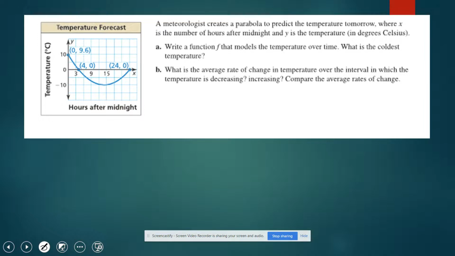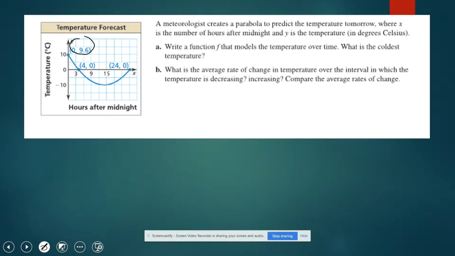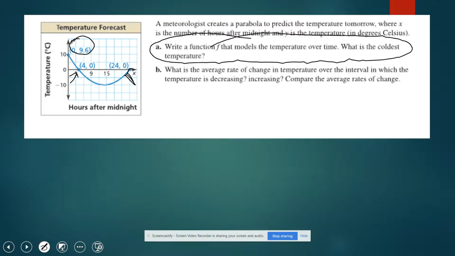Our next graph gives us an ordered pair here, and then these are crossing the x-axis. So that means they gave us x-intercepts. And we're only going to focus on this part A for right now. We're only going to talk about write the equation.